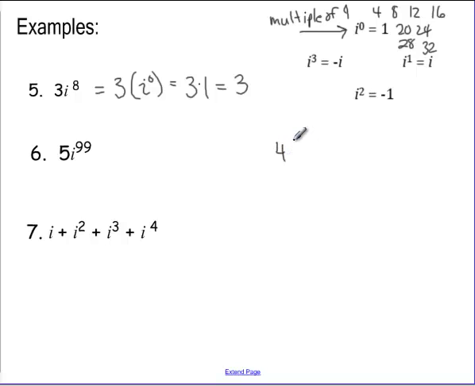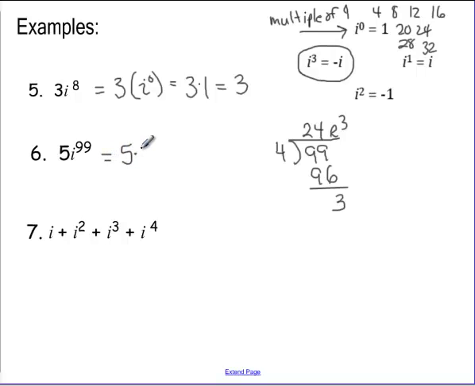I'm going to take 4 and divide it into 99. 4 goes into 99 24 times, with 3 left over. So that means that's my answer. So this is really 5 times i to the third, and i to the third is really negative i.